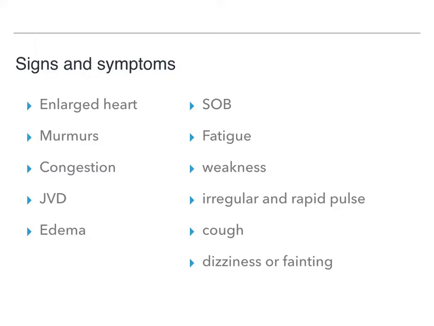Congestion, an obvious one, especially with fluid overload. JVD, because you have that fluid backing up and going into the jugular vein. And edema in the lower extremities, because the fluid backs up into your lower extremities. Shortness of breath will be a common one, as the fluid goes into your lungs.